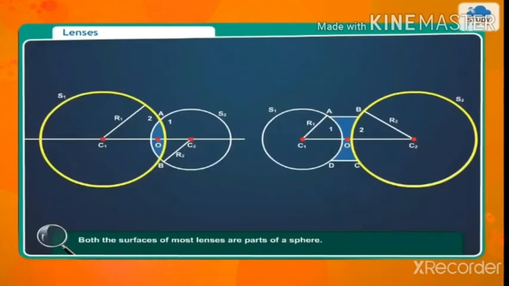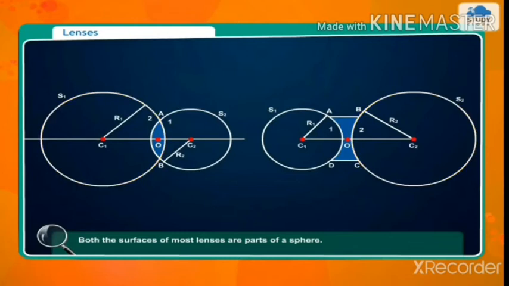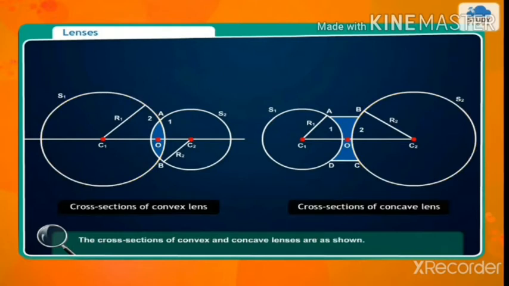Both the surfaces of most lenses are part of a sphere. The cross section of a convex and concave lens are as shown. The surface marked as 1 is a part of sphere S1, while surface 2 is a part of sphere S2.